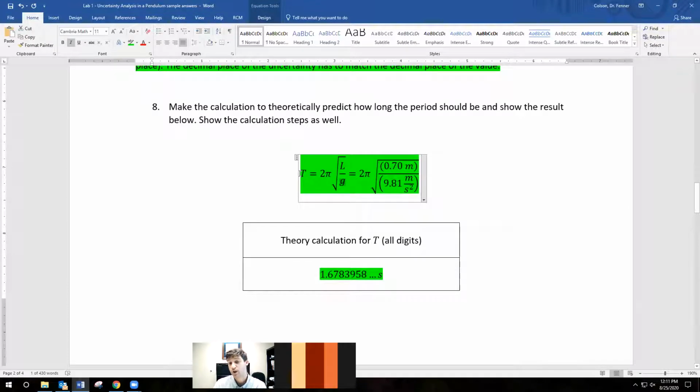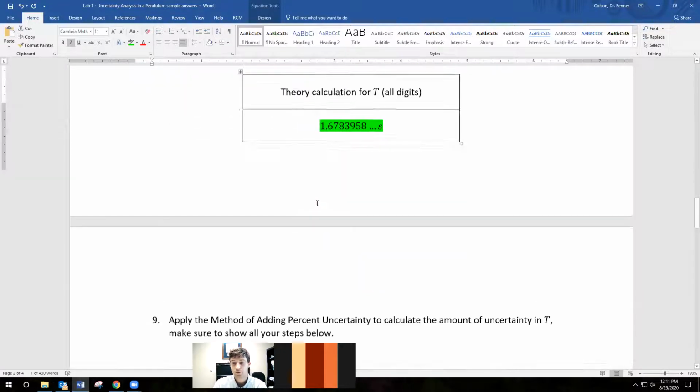Whatever terms you have in the equation, as long as those terms are multiplied or divided together, you can simply add them together.